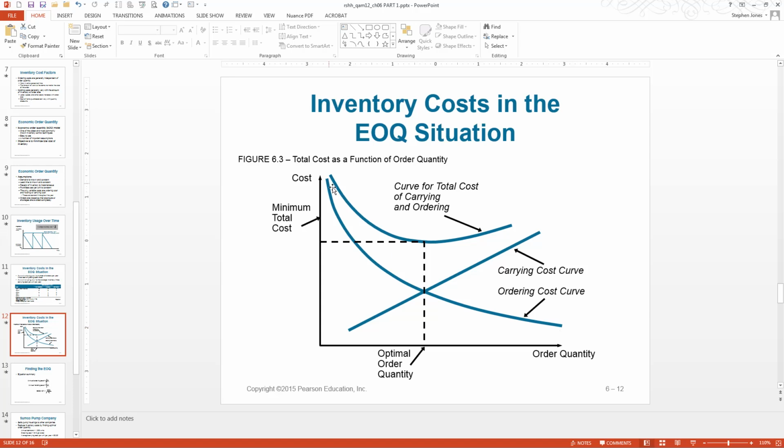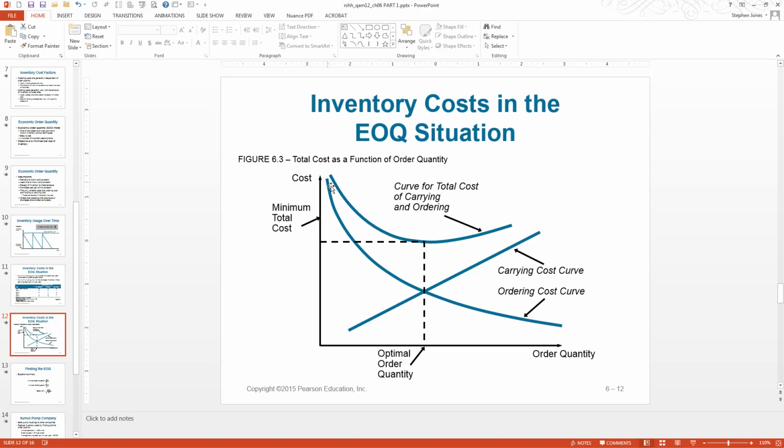If it costs me $100 to order one item, then that's going to be my ordering cost, $100 for that one item. But if the cost to order, not the cost of the unit itself, is still $100, but I order 100 units, you'll notice it's down here. It's now $1 per unit on average.